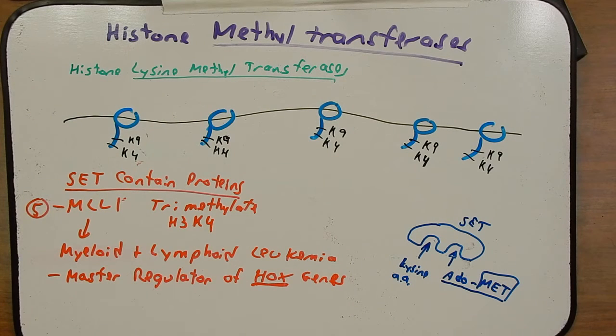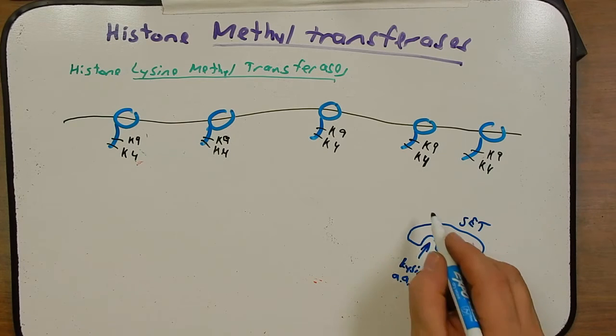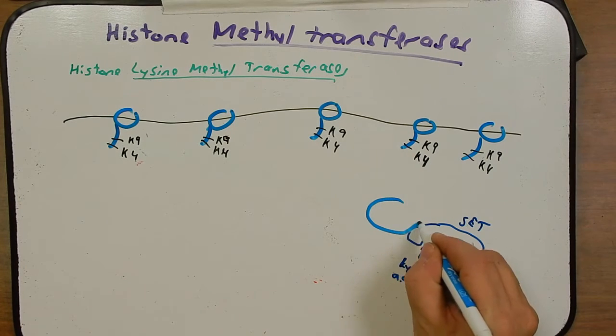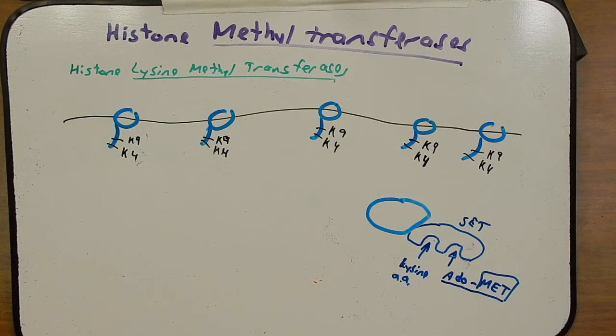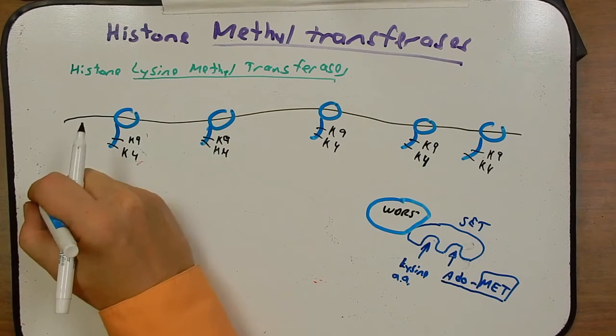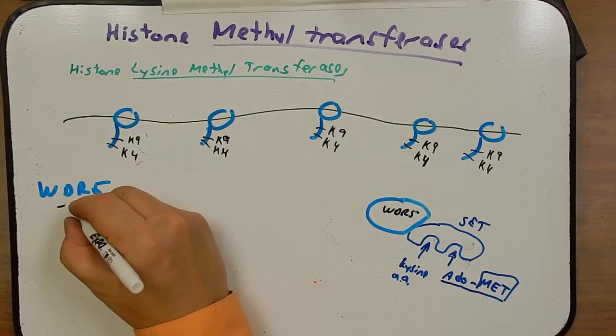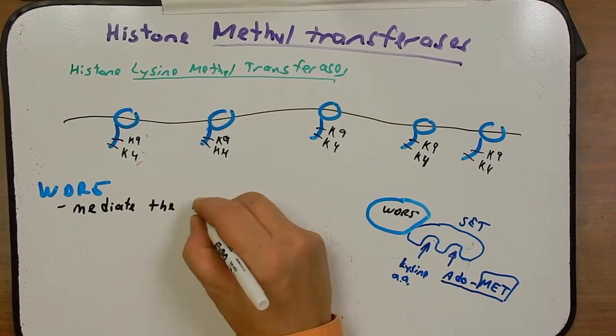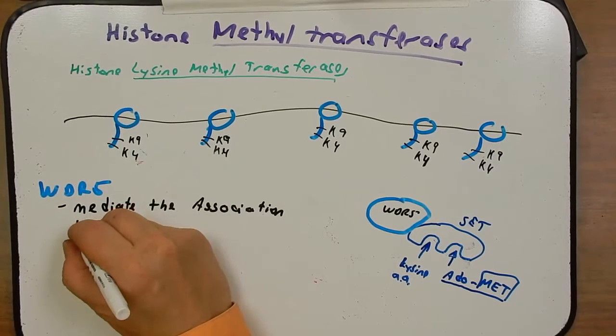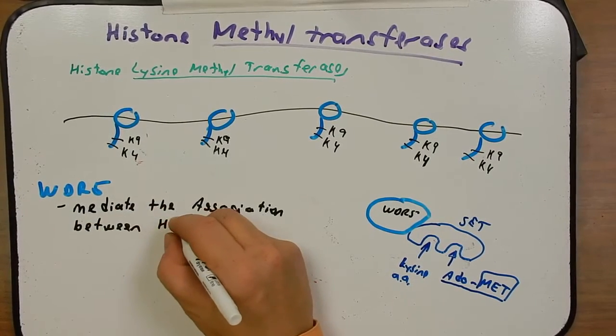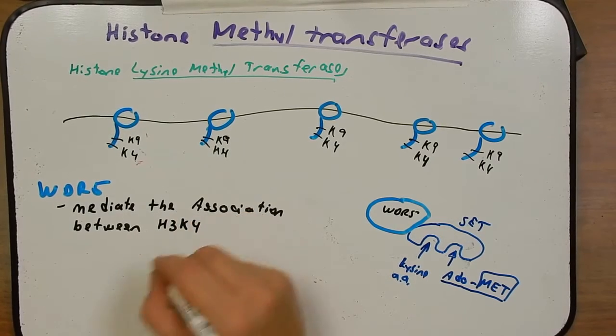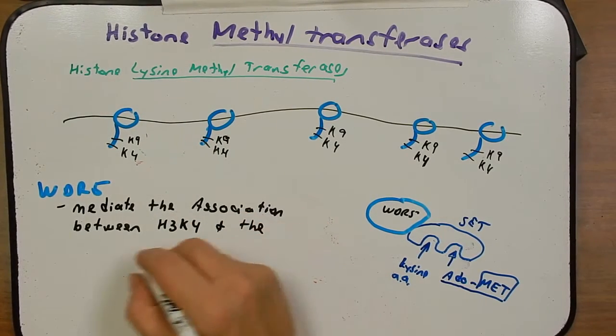To kind of talk about how it does this, we need to talk about some of the other proteins that bind to this SET domain of the MLL1 complex. So I'm going to draw it over here. We have another protein that binds to this complex around here called WDR5. WDR5 acts to mediate the association between H3K4 and the methyltransferase complex.